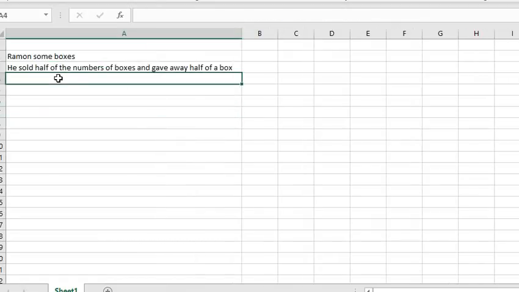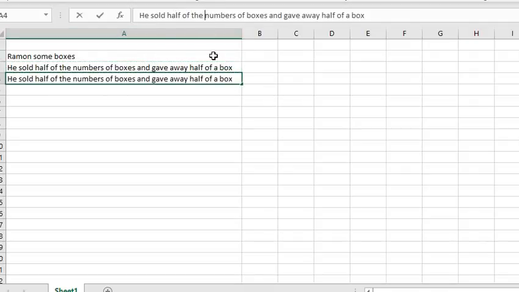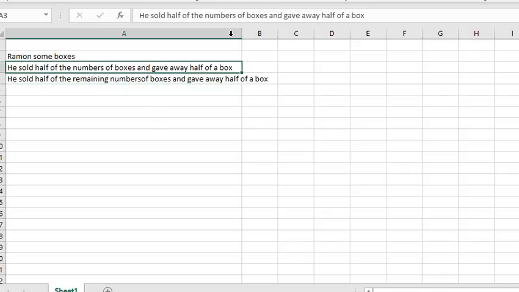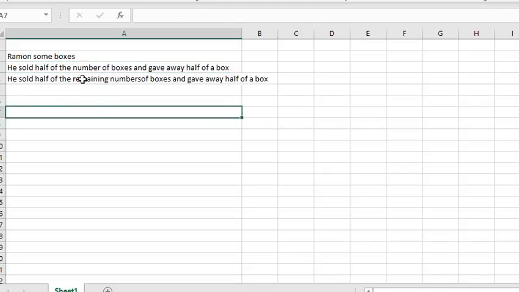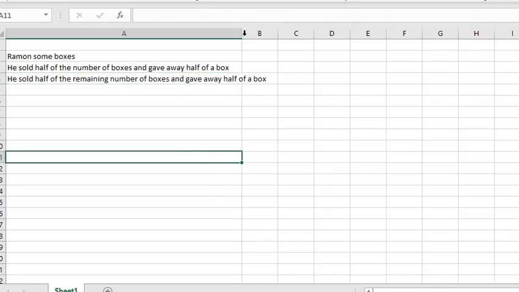He did the same on the second customer. So he sold half of the remaining number of boxes and gave away half of a box again.